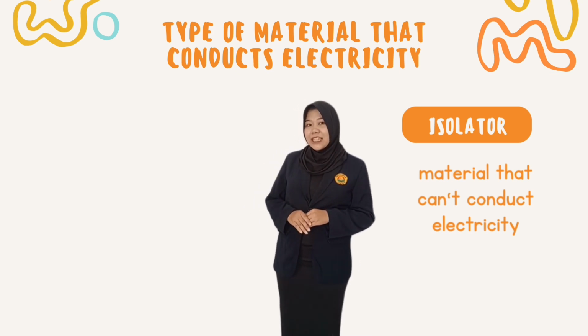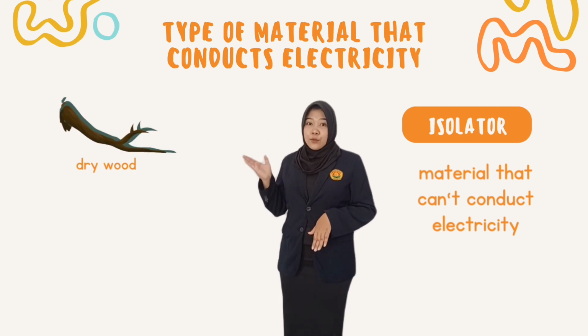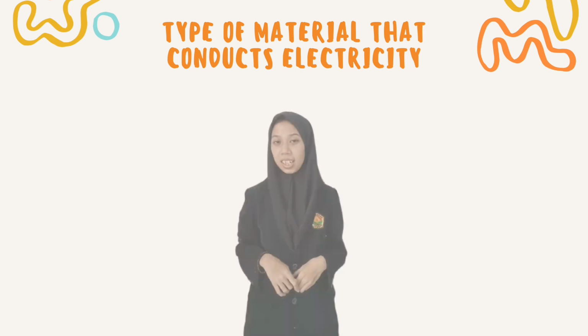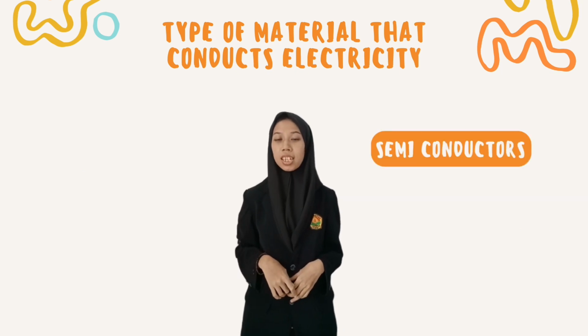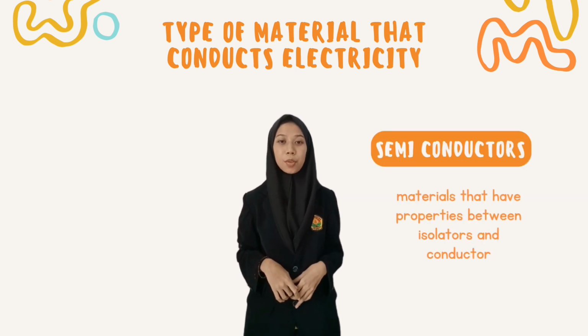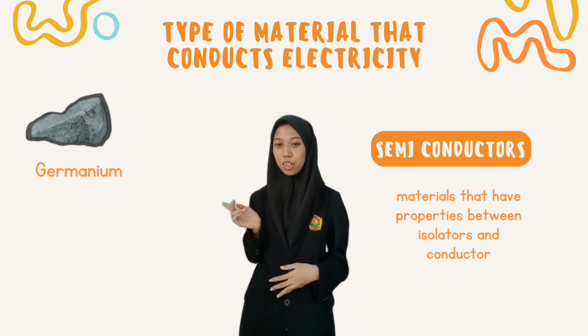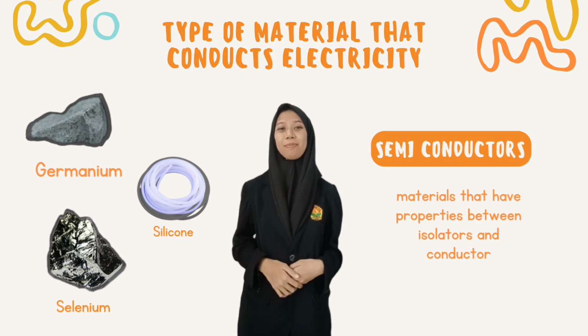Examples are dry wood, paper, and plastics. Okay, the last is semiconductor. A semiconductor is a material that has properties between an insulator and a conductor. Examples are germanium and selenium.